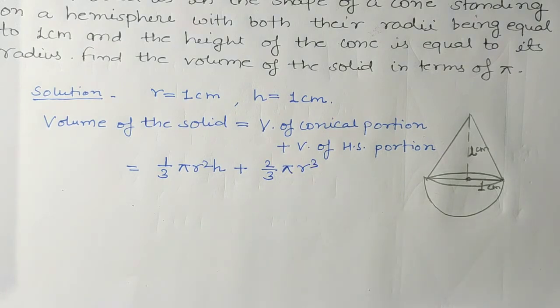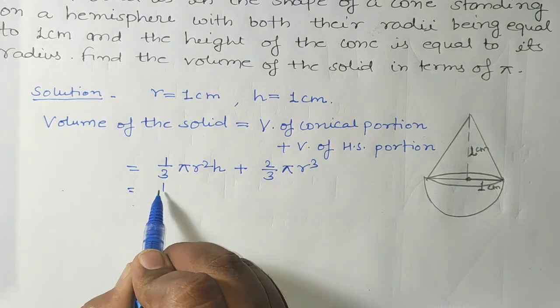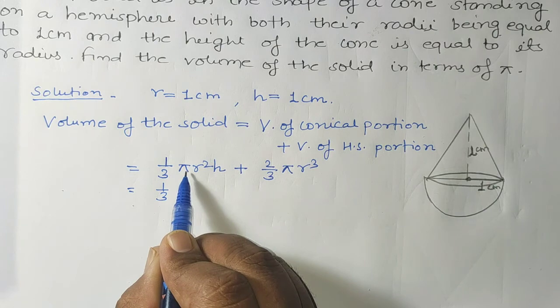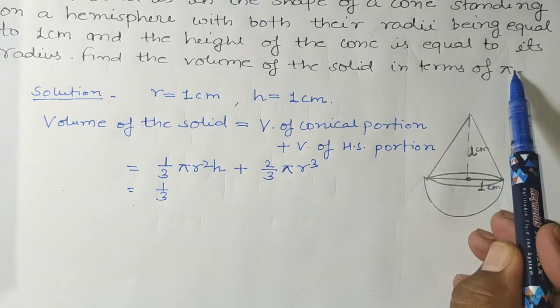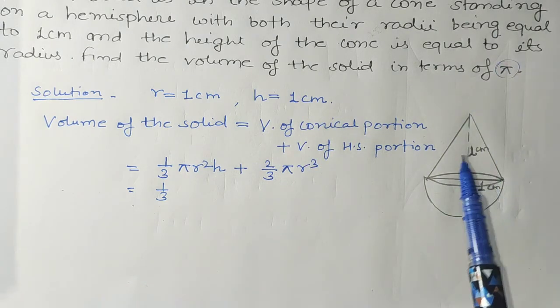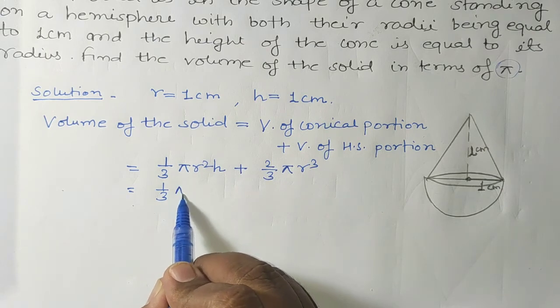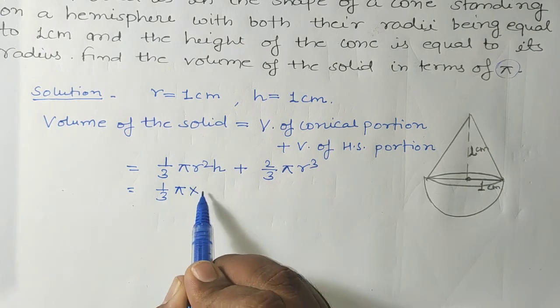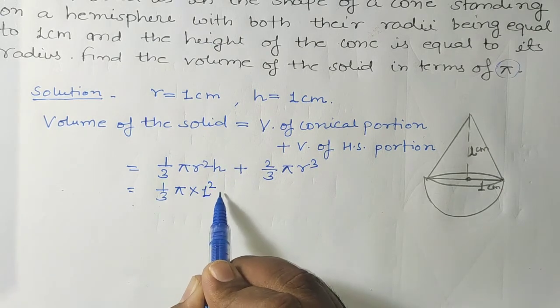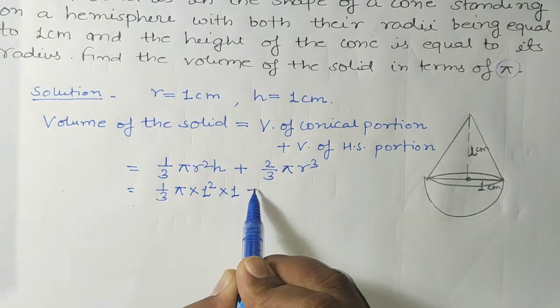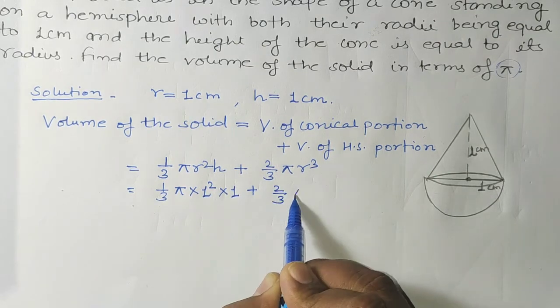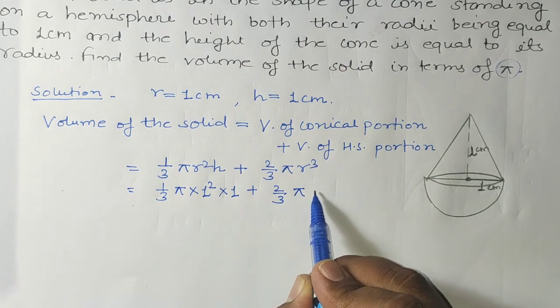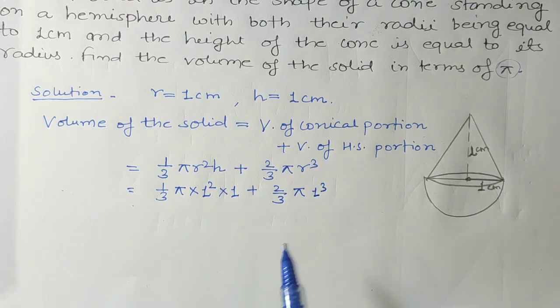Now putting all the values, 1 by 3, since we have to find the volume in terms of pi, we'll not put the value of pi, it is pi only. Radius is 1, so 1 square, and height is also 1, so it will be 1, plus 2 by 3 pi r cube means 1 cube.